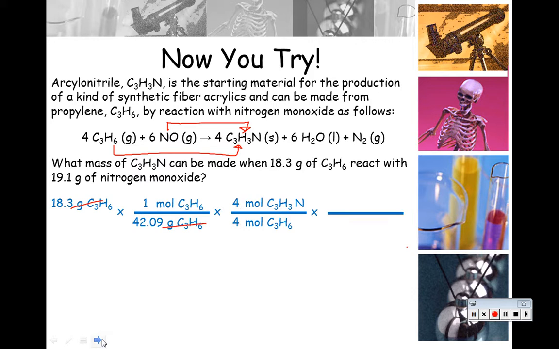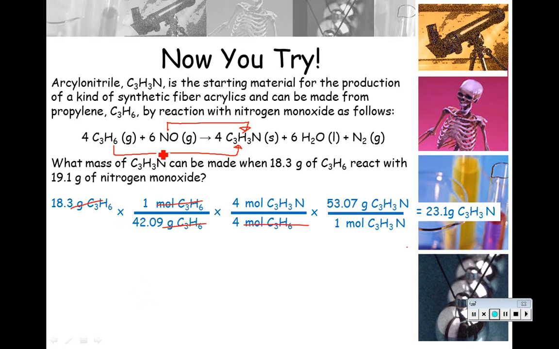Because it's 4 to 4, it's going to get the same thing. Now, my moles of this unit cancels, and I'm left with the moles unit of the one that I want. But it's asking for the mass, so I'm going to convert this to mass. And my final answer should be 23.1 grams of C3H3N.